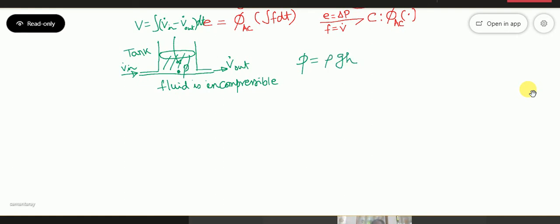Now rho and g are constants, and h is volume by area.